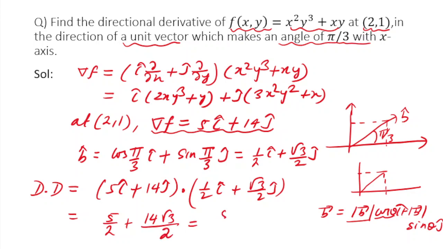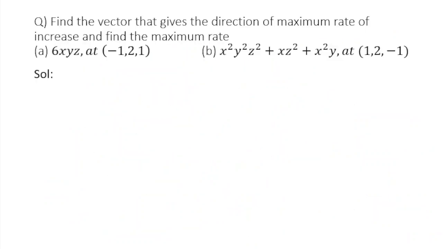So it is like (5 plus 14 root 3) by 2. So this is how we calculate the directional derivative. To calculate it, basically what you need is the gradient and the unit vector in that direction.